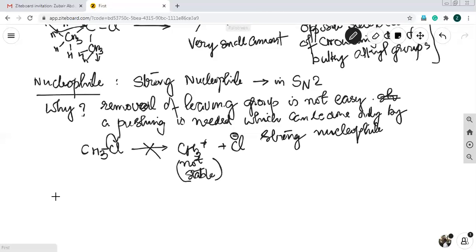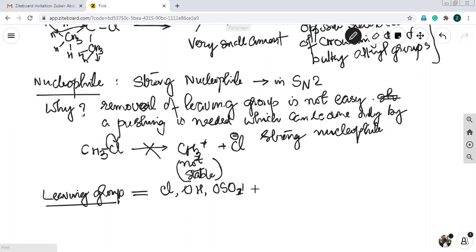Next, effect of leaving group. Now, what are the different leaving groups? Cl, OH, SO3H, SO2R, Br, COOCH3, OCOCH3.